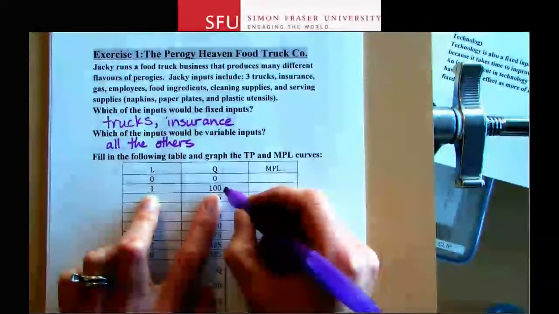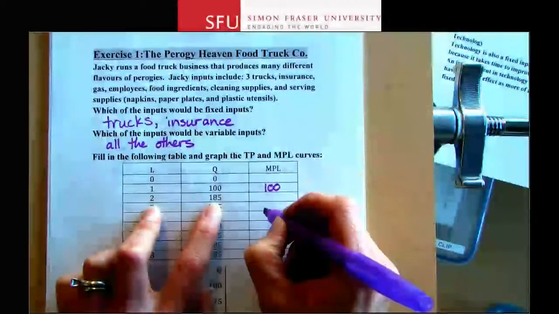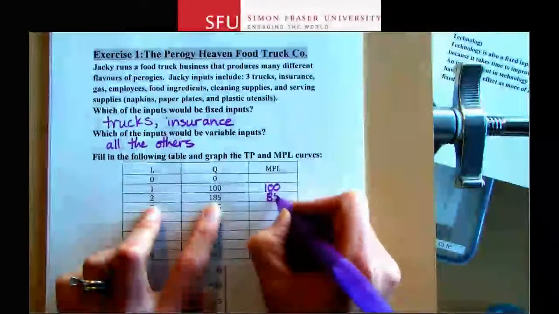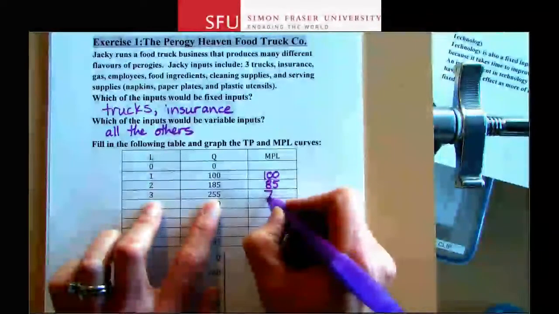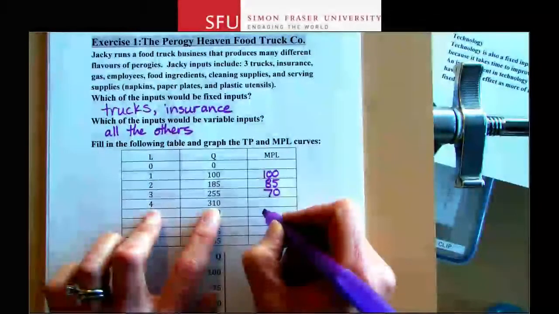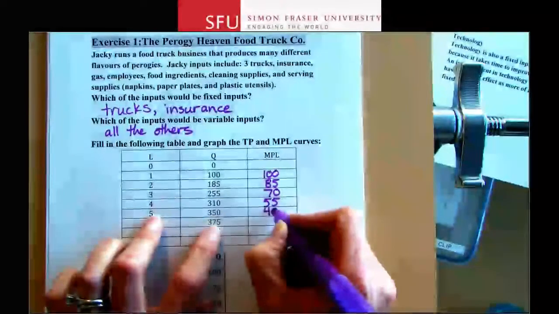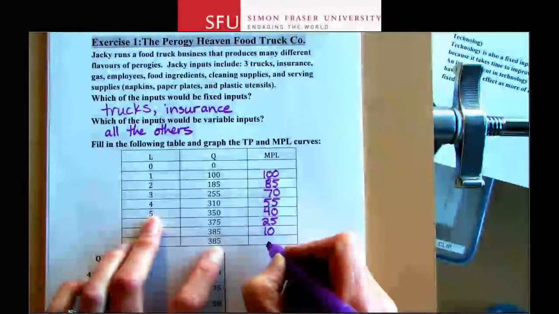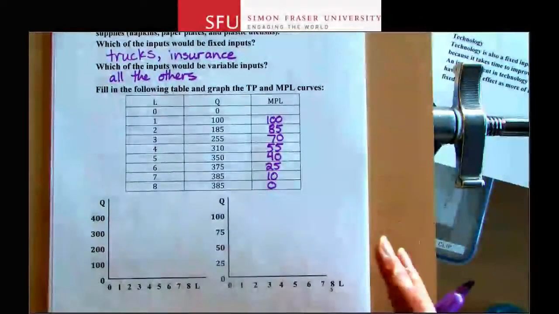So the first worker increases output by 100, and then it goes to 185, so that's an increase of 85, and then 255, 70, 310, 45, 55, 40, and then the last worker actually doesn't even increase output at all.